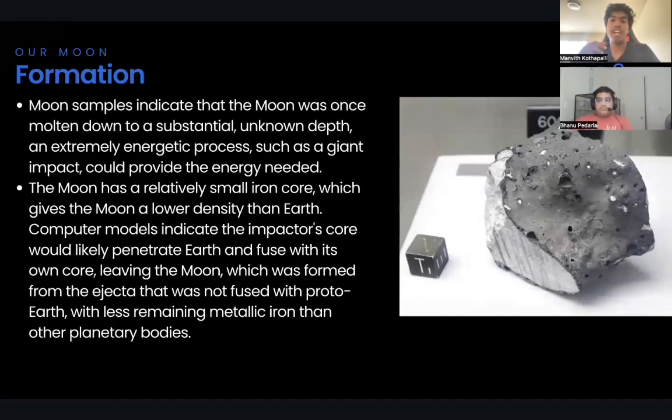Computer models of a giant impact of a Mars-sized body with Earth indicate that the impactor's core would likely penetrate Earth and fuse with its own core. This would leave the moon, which was formed from the ejecta that was not fused with proto-Earth, with less remaining metallic iron than other planetary bodies.